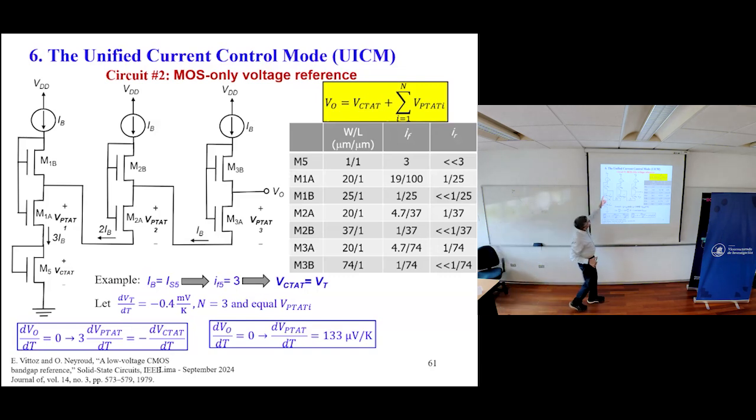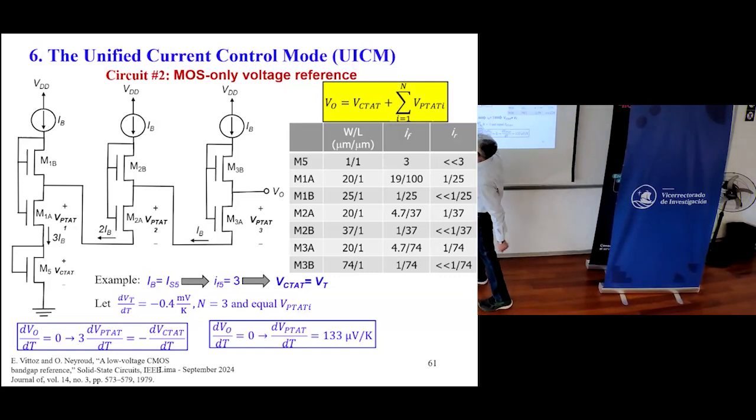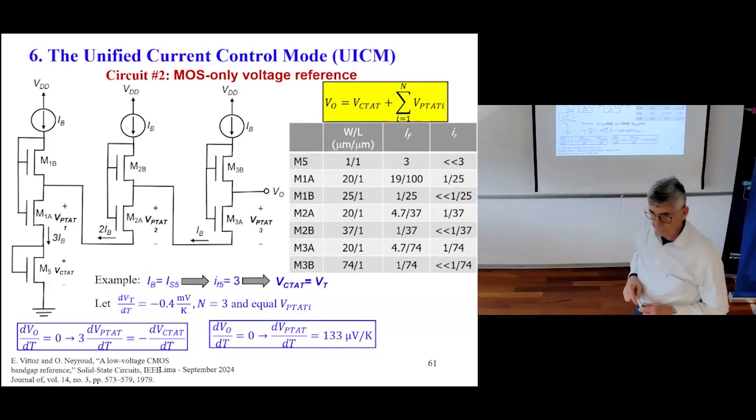Now, these connections here, one connection, the second, the third connection, I will not derive the equation because there are lots of transistors here, but I have calculated the sizes of the transistors, the aspect ratio, this is W over L, in order to have some voltage, the first one, the second one, all of them, proportional to absolute temperature.